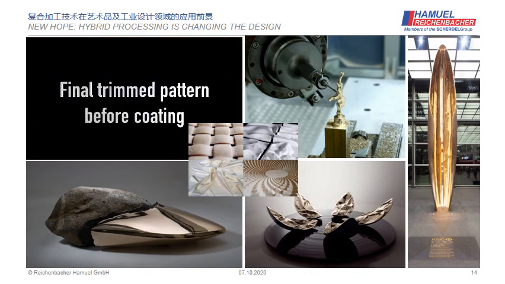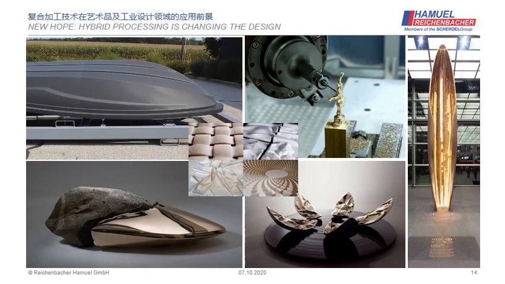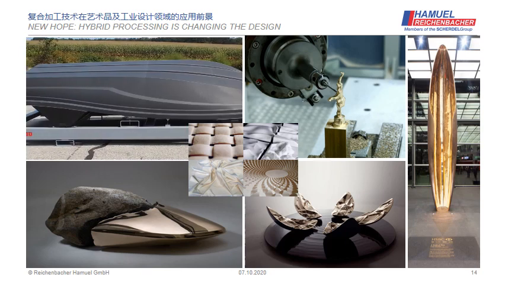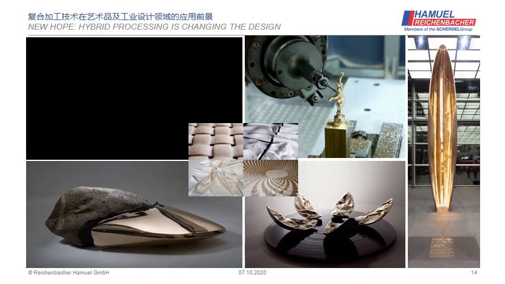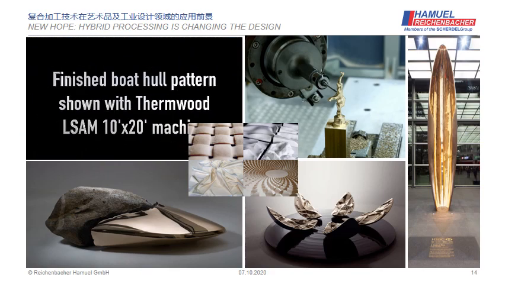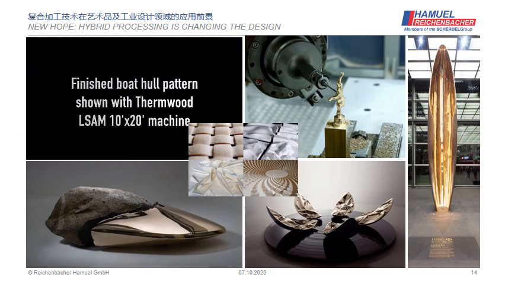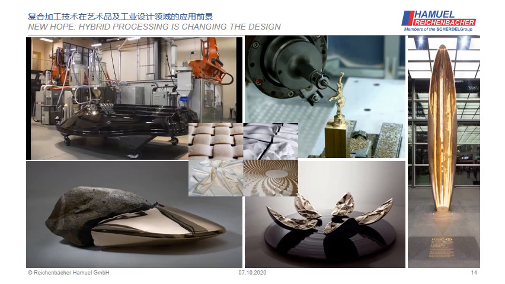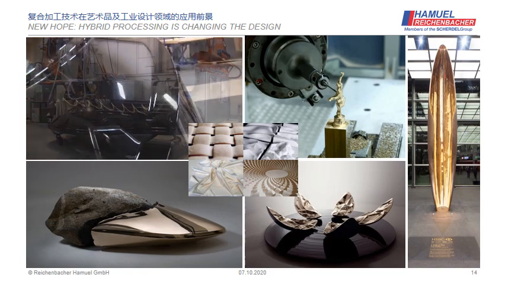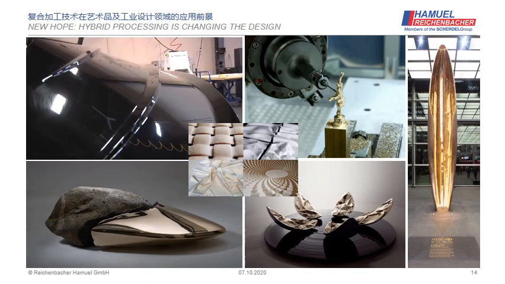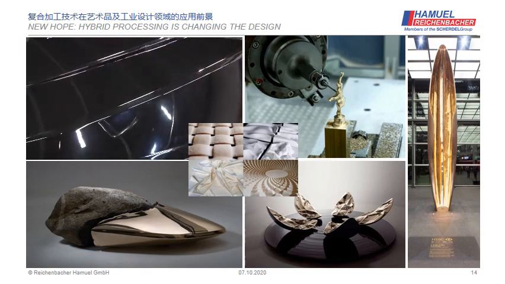This art piece was made for a Hong Kong bank, and if you go to Hong Kong, you can see this sculpture. It was also made by similar machines. By similar, I mean high accuracy five-axis machines for polishing the surface.